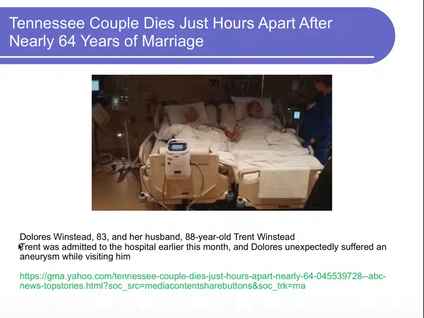So Dolores Winstead was 83, and her husband, 88-year-old Trent, was admitted to the hospital earlier in the month, and Dolores unexpectedly suffered an aneurysm while she was visiting him, and they ended up passing just hours apart from one another. So just one of those things to think about.